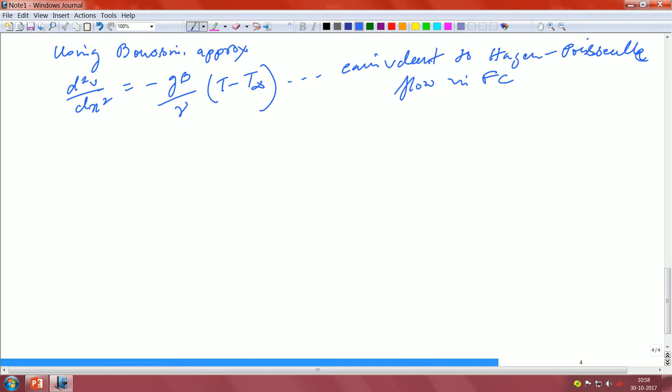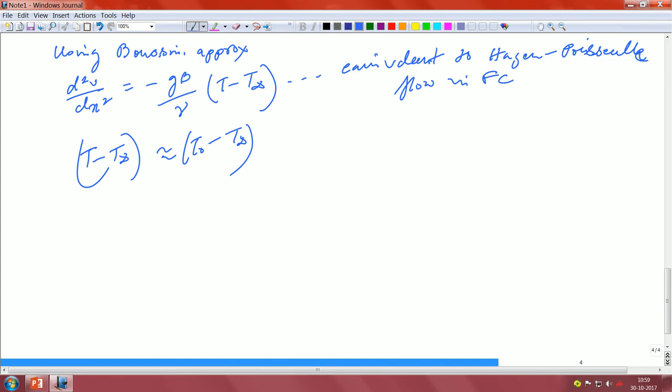So, what we can do over here is that if we assume that T minus T infinity is almost equal to T naught minus T infinity. That means we have got rid of the problem of T minus T infinity and substituted it by a constant temperature difference like T naught minus T infinity, okay.